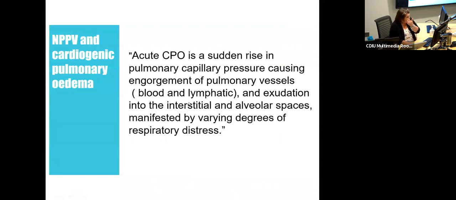Just to quickly end off, we'll talk a little bit about cardiogenic pulmonary edema and how this can be something that you need to be aware of. Acute pulmonary edema is when you get a sudden rise in pulmonary capillary pressure and you end up with an engorgement of your pulmonary vessels, and you end up with transudate and exudate that ends up in your alveolar space, in varying degrees, and it's going to manifest itself with a great deal of respiratory distress.